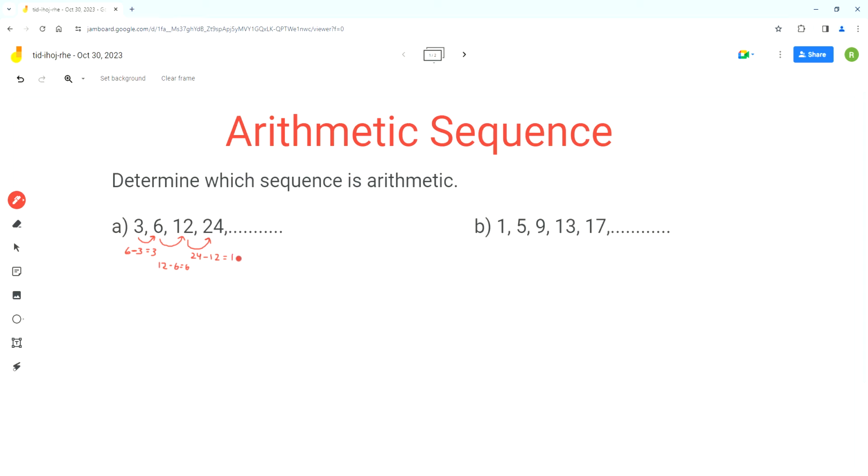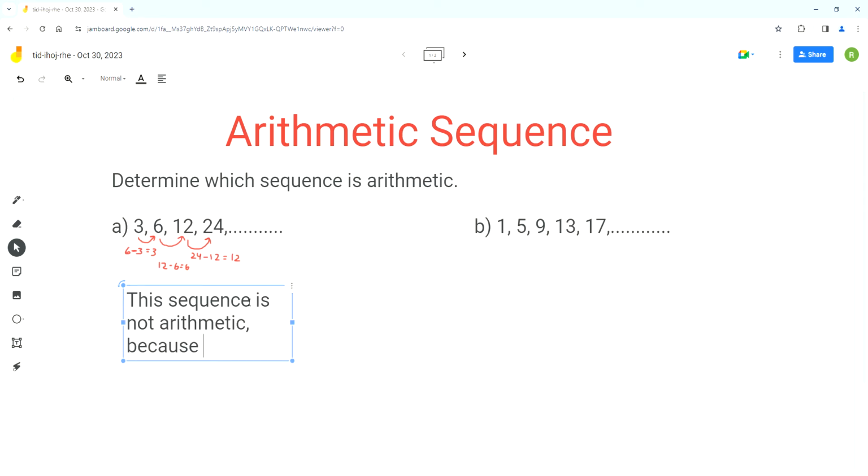Since these differences are not the same, we can conclude here that this sequence is not arithmetic. So I can write my closing statement: this sequence is not arithmetic because the differences are not constant.